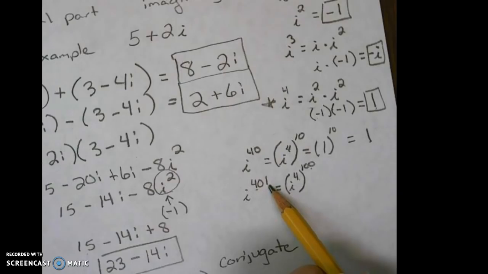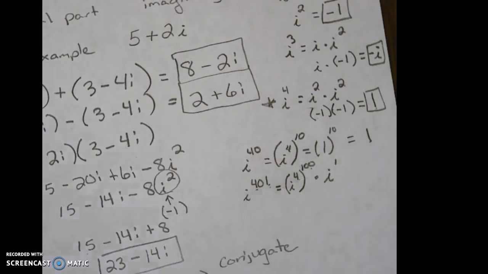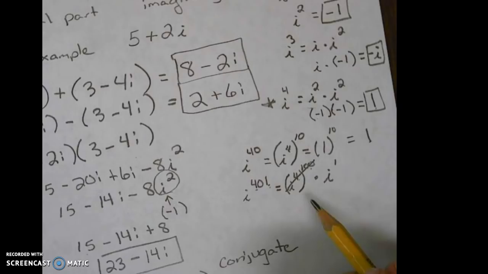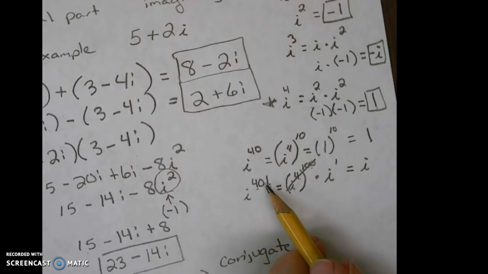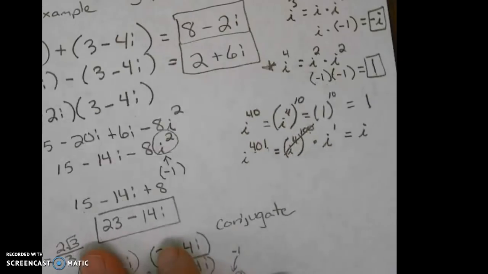So that means I have 1 left over. So times I to the 1st power. So 1 to the 100th power is 1. And 1 times I is I. So I to the 401 power is I. You getting it? Let's try one more.